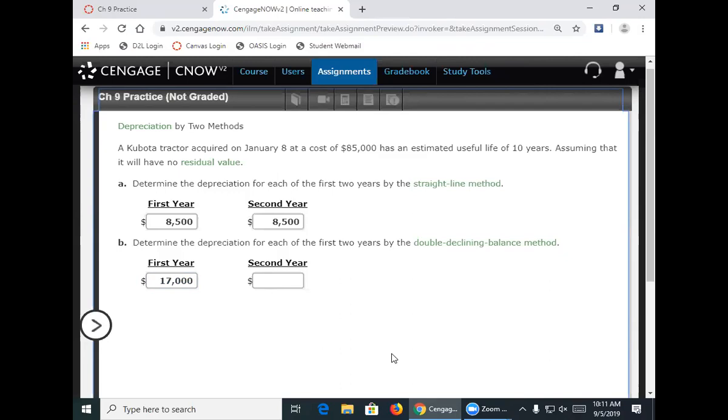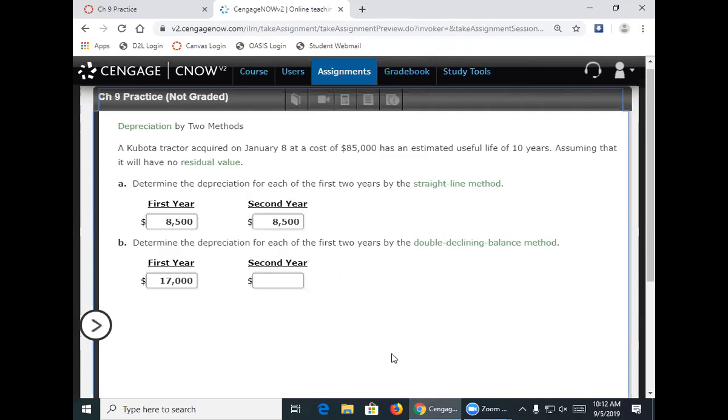So then we have year 2. Well, what's my book value in year 2? $68,000. Good. And how'd you get that? Subtract the 17 from 85. Very good. So we have to calculate book value for year 2.